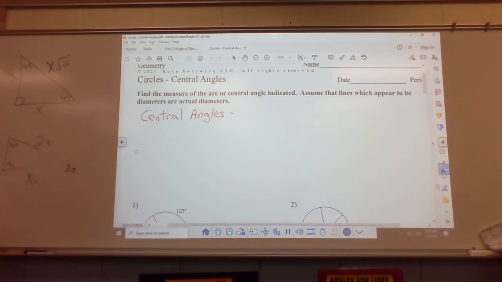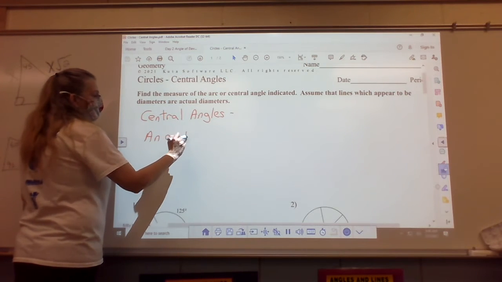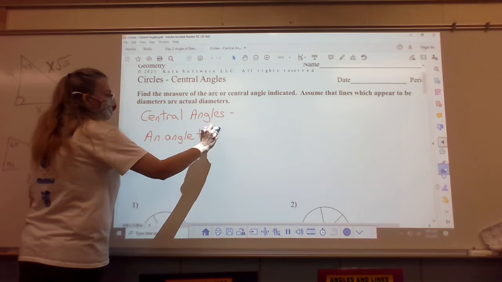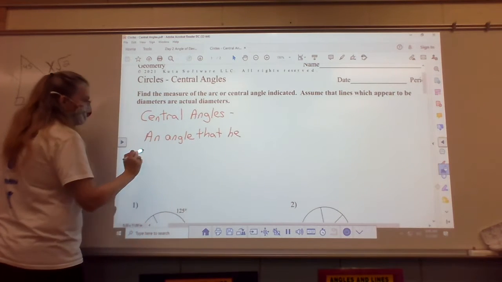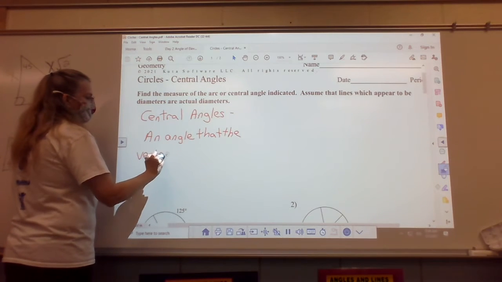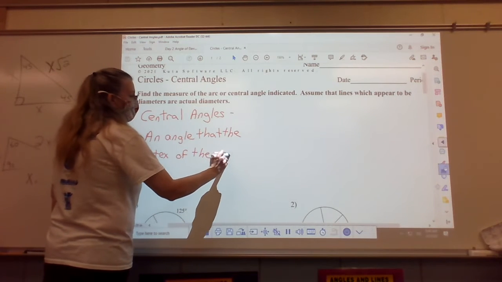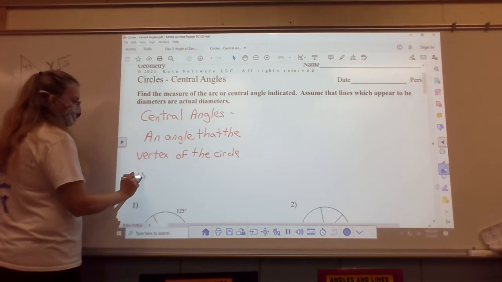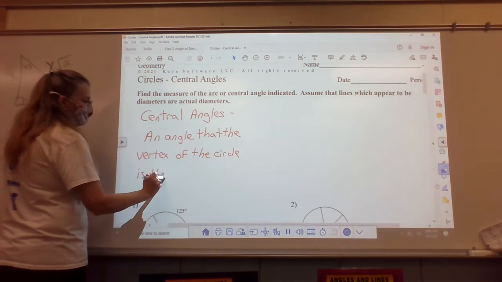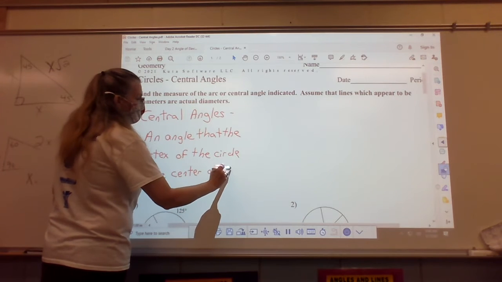Pretty much just like they sound. Central sounds a whole lot like center. So, a central angle is an angle whose vertex is the center of the circle.